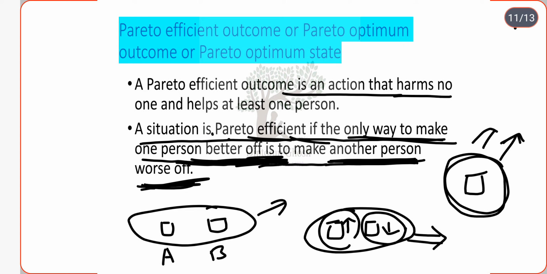If I want to make A better off, I have to worsen the condition of B. That means I have to basically take something from B and give that to A. So if we are in this type of condition, then the outcome is obviously Pareto efficient. That's why it is not possible to make anyone better off without making someone worse off.